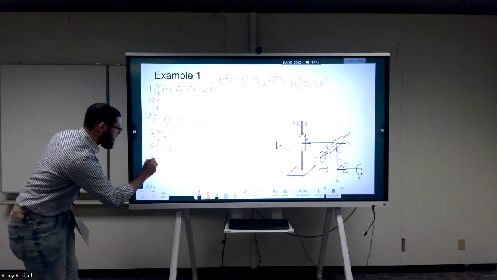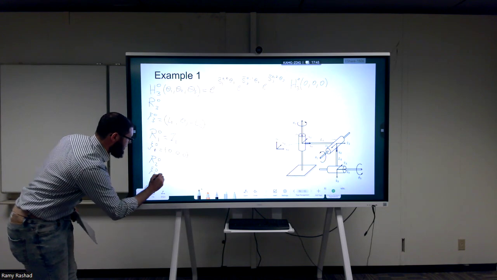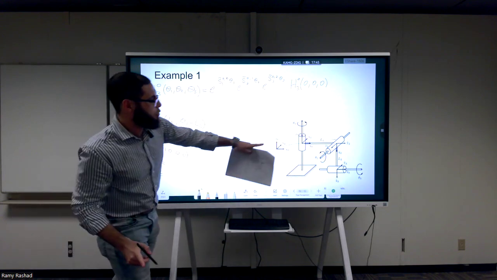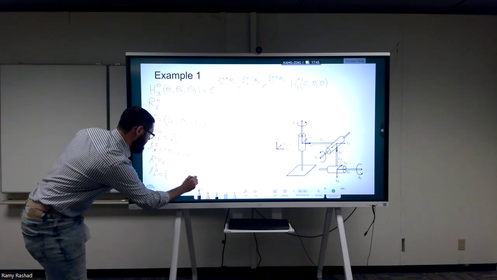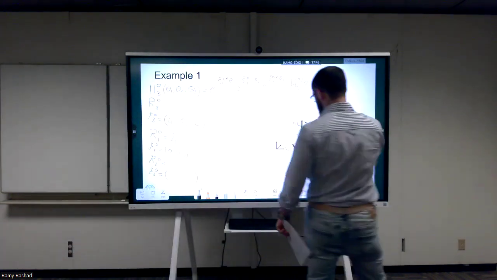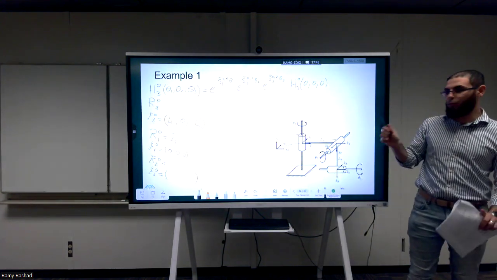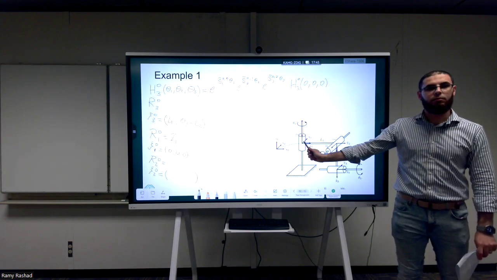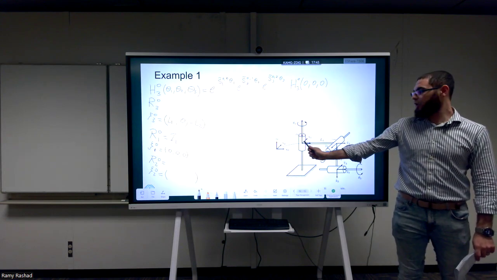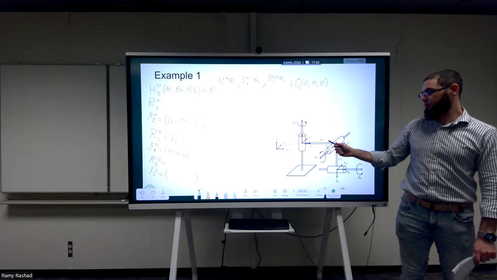Let's do R2 0 and psi 2 0. What about R2? Okay, the R2 0 is a little tricky. What about psi 2 0? How do I reach this frame from that frame? Again, we're talking only about the origin. So how do I reach this point starting from here? I should just move in this direction by how much distance?